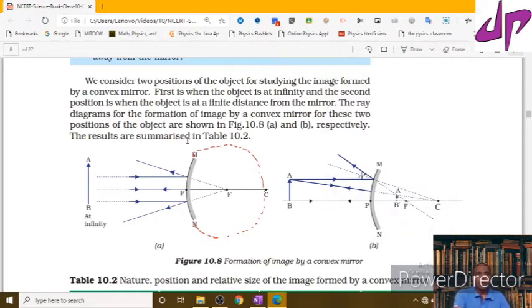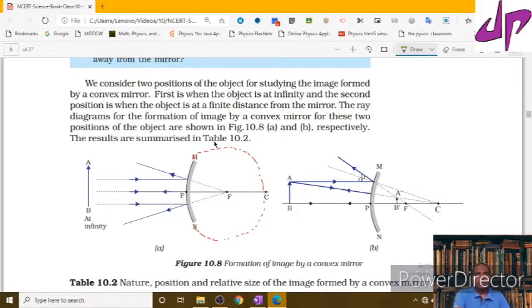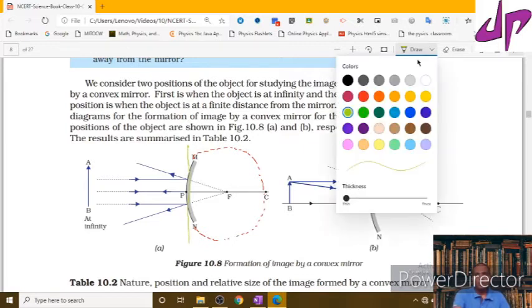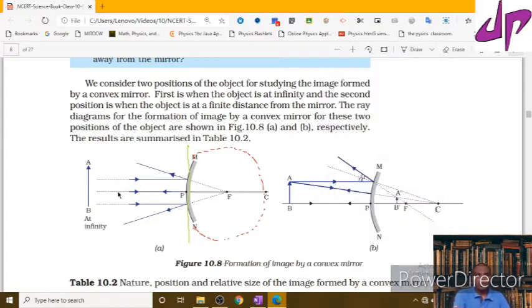I would like to take another color so it is visible. This is the x-axis and this is the y-axis. Now if we apply the Cartesian sign convention here, this is the positive x-axis and this is the negative x-axis, and this is the positive y-axis and this is the negative y-axis.